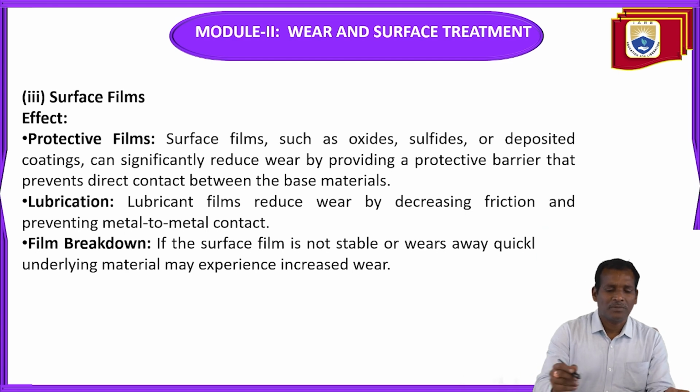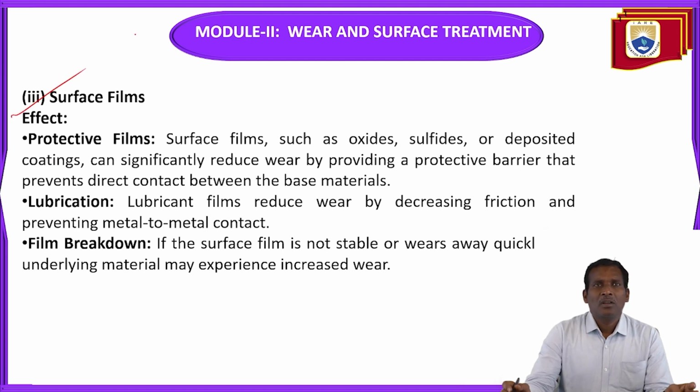Next, surface films. What is the effect of these surface films on wear rate? Protective films, such as oxides, sulfates, or deposited coatings, can significantly reduce wear by providing a protective barrier that prevents direct contact between the base materials.